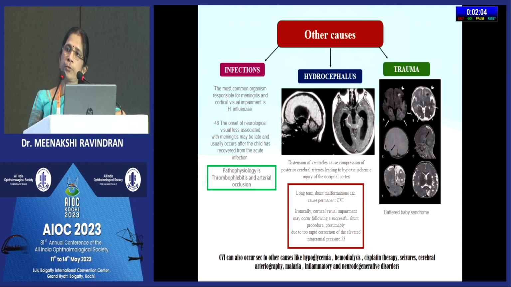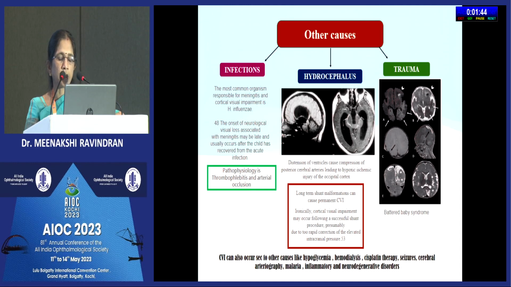The main pathophysiology is thrombophlebitis and arterial occlusion. The second most common cause was hydrocephalus. These days we don't get so many cases of hydrocephalus, but still we do get meningitis or ADEM.